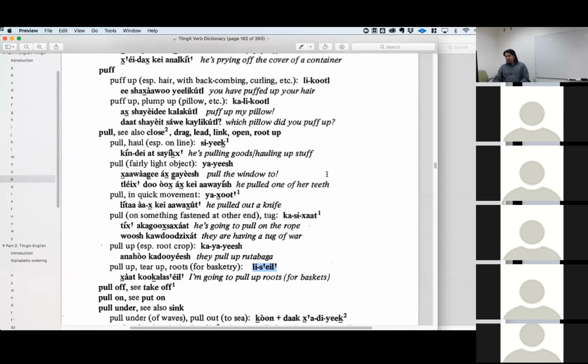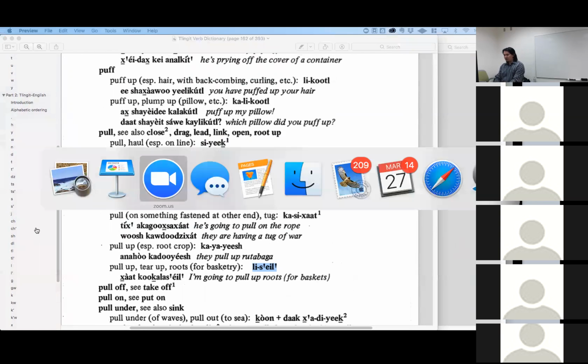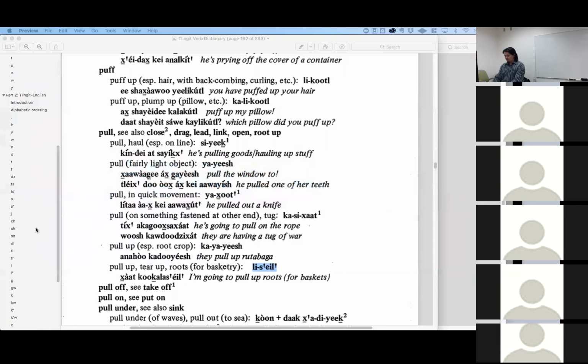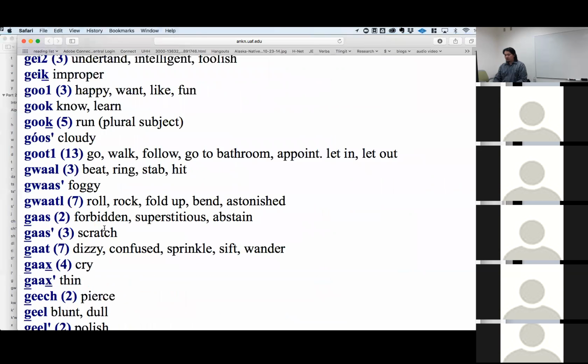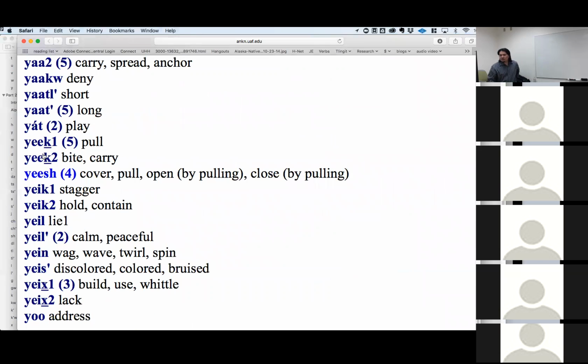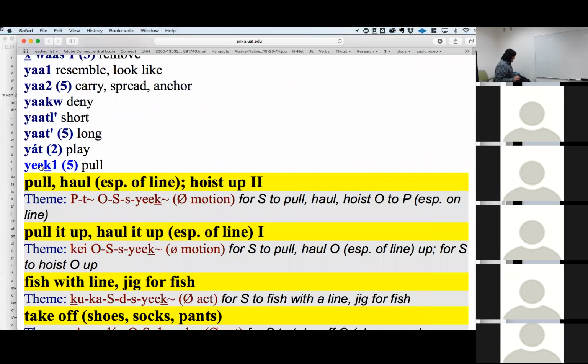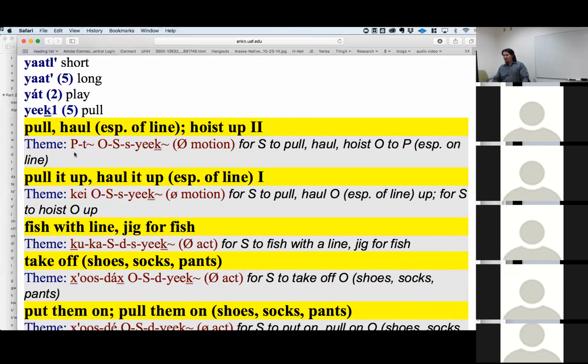So for picking those herring eggs, I would say, let me go find this verb to pull something in. So I would use this verb to pull, and then especially on a line.